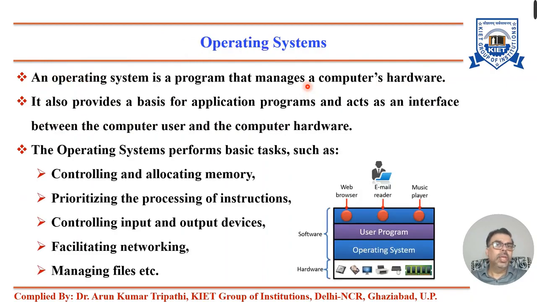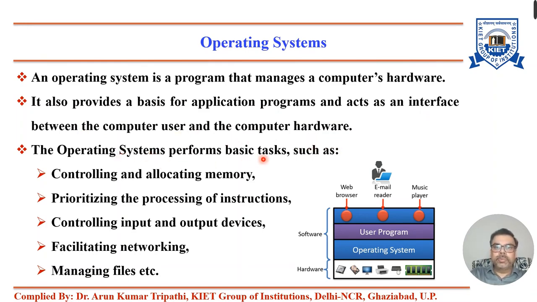Now, the definition of the operating system. An operating system is a program that manages the computer hardware. It also provides a basis for application programs and acts as an interface between the computer user and the computer hardware, as we have discussed.